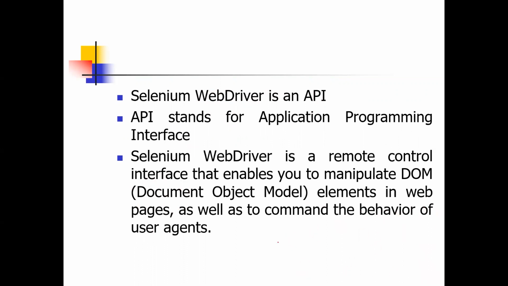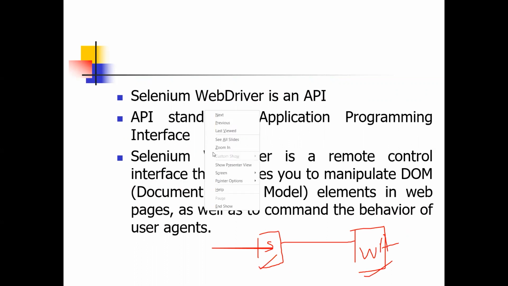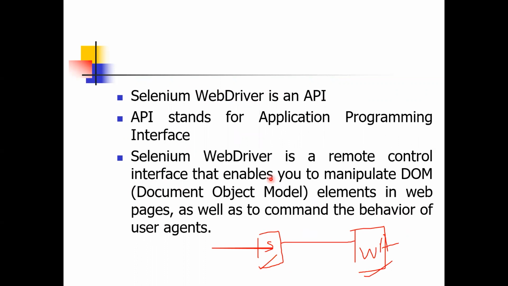This is your script, the JavaScript you are writing over here. This is the web application you are testing over here. So you are interacting between the script and the website with the help of the web driver. Web driver is like an API. With the help of this API, you are interacting with the web application.